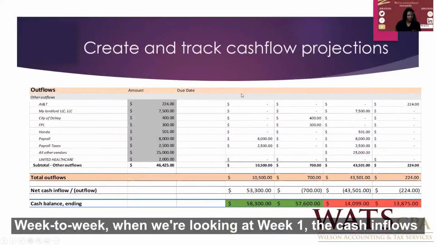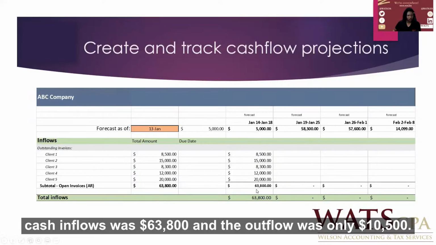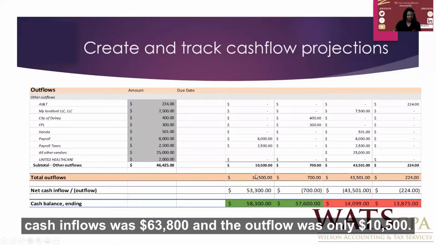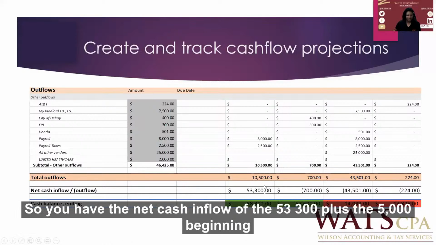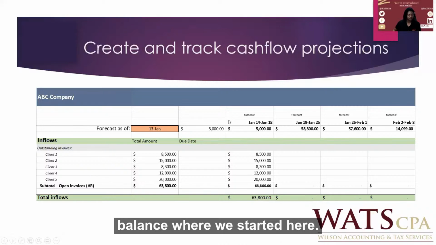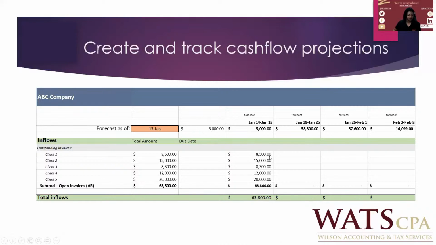Week to week, when we're looking at week 1, the cash inflows was $63,800 and the outflows was only $10,500. So you have a net cash inflow of $53,300 plus the $5,000 beginning balance where we started here.